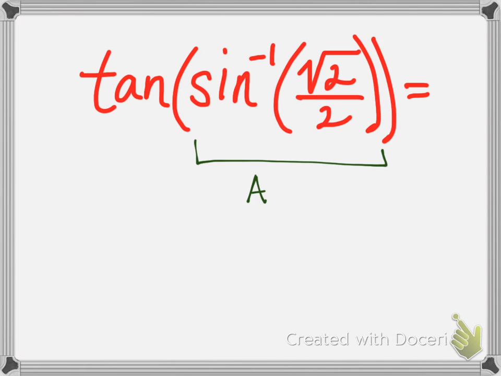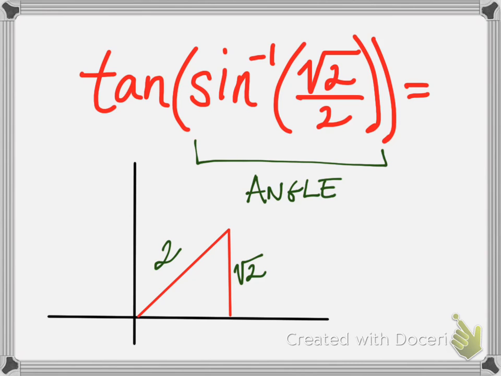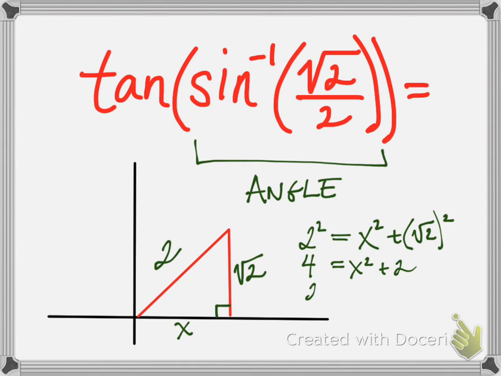Let's look at another one. Sine inverse is giving me an angle. So what I want to know is tangent of that piece. Well, I know somehow I'm going to get an angle that gives me that sine value. So root 2 over 2. And I can solve for x with the Pythagorean theorem and get that x is also root 2.